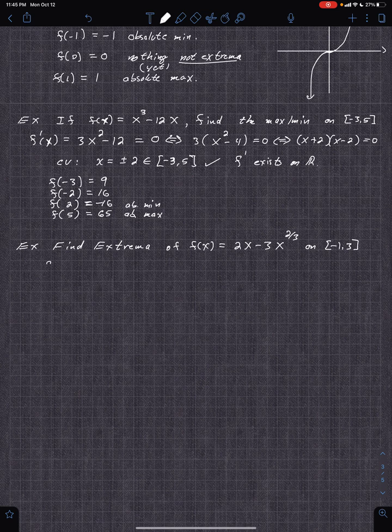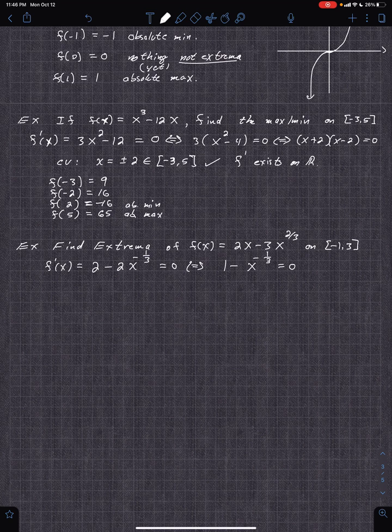So take the derivative, so f prime of x is equal to 2 minus 2x to the negative 1/3. So you multiply, and it's negative 1/3 when you subtract. Set that equal to 0 and solve. So you get 2 minus 2x to the negative 1/3 equal to 0.